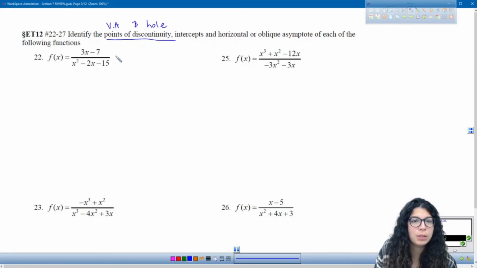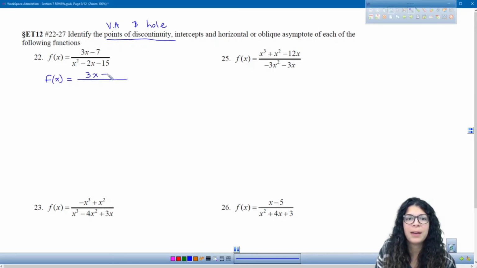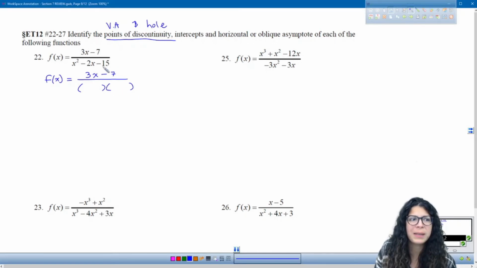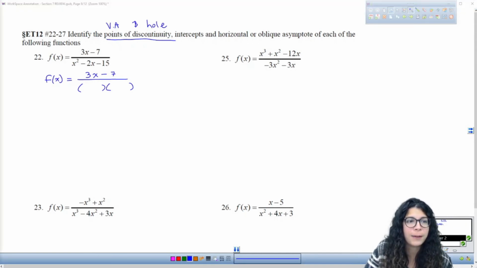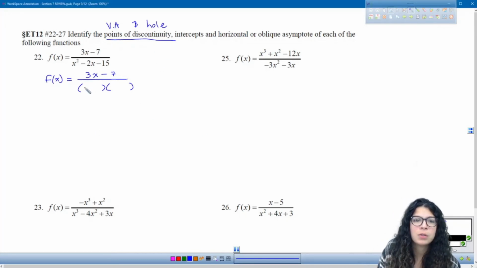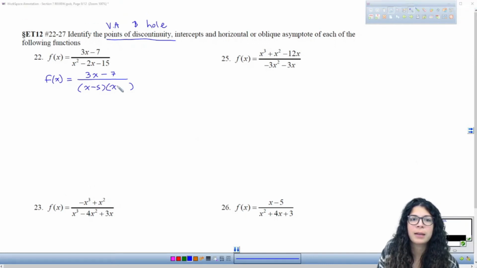To find points of discontinuity, we want to factor the denominator, because the points of discontinuity are where the x value does not exist, which is what makes the denominator 0. Factoring the denominator, it multiplies to negative 15 and adds to negative 2, so that would be negative 5 and positive 3. So this would be x minus 5 times x plus 3.